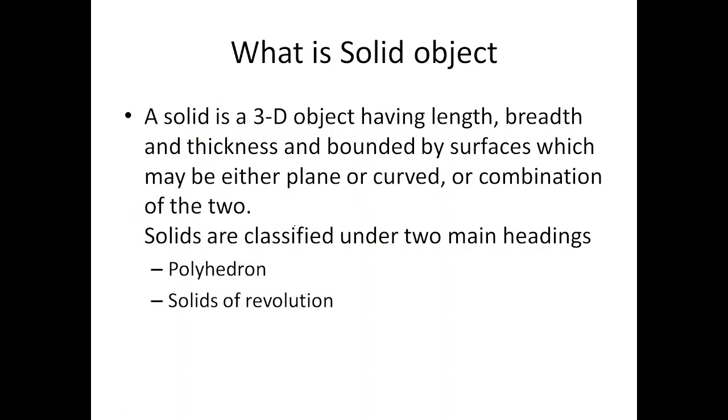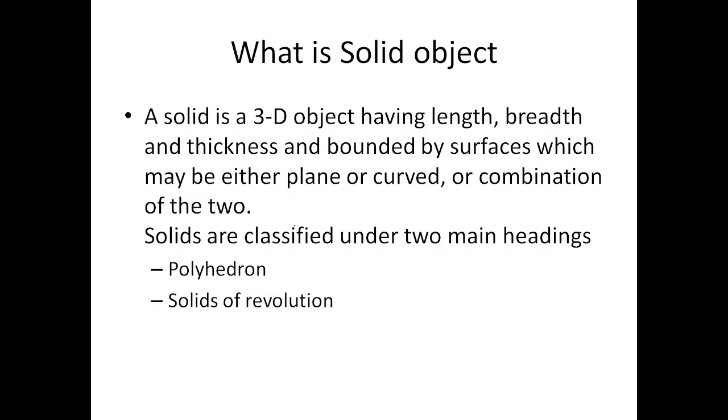A solid has length, breadth and thickness bounded by surfaces. Mainly you are going to get 2 types of solids based on their surface structure.